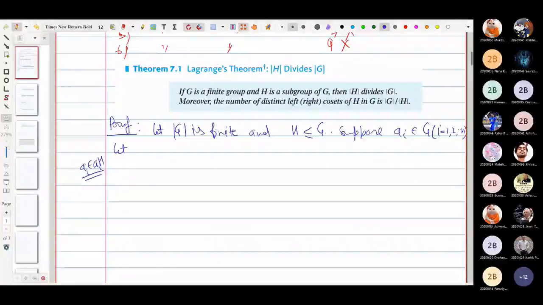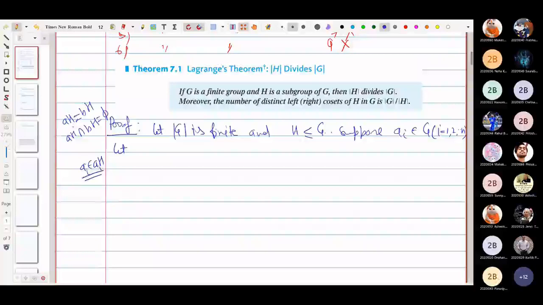Okay. And also we know that two left or right cosets, that is aH and bH, either they are equal or they are totally disjoint, that we know. Fine. Because of course they are either exactly the same or totally disjoint. This we have seen. Okay. We were discussing the properties of a coset.